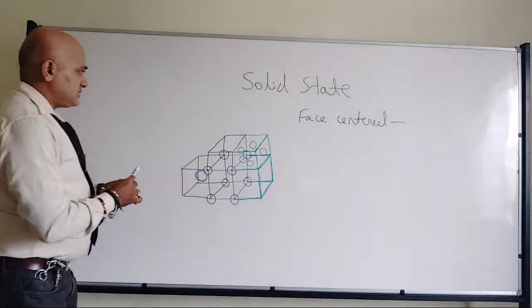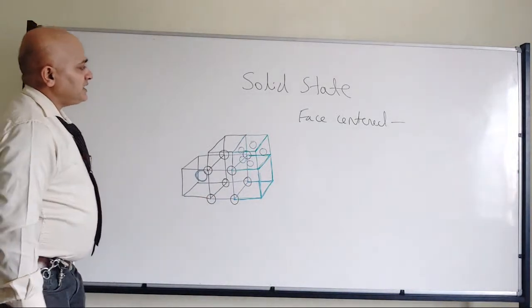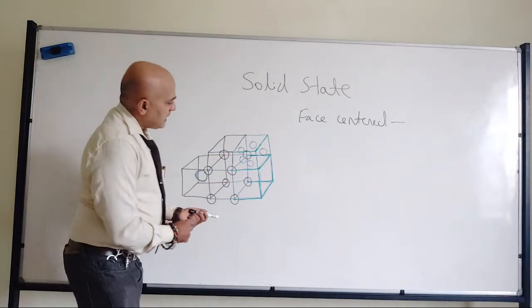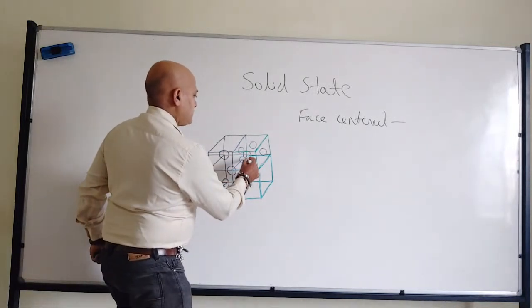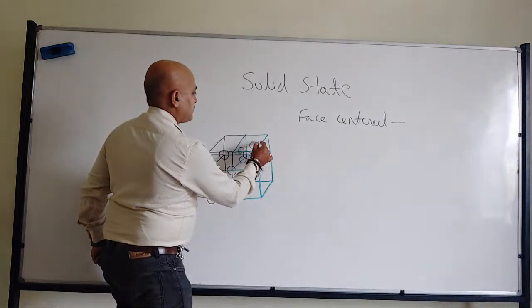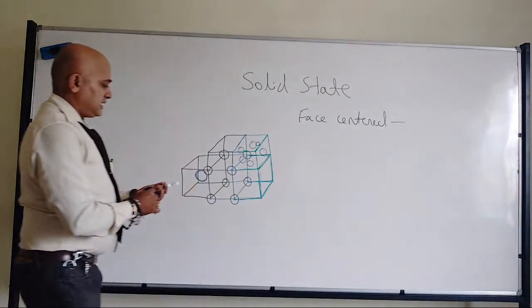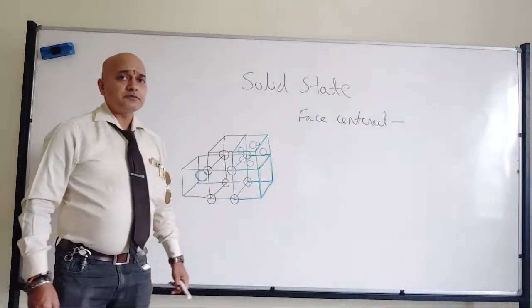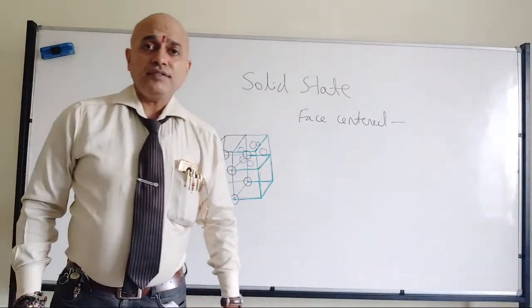So 1, 2, 3, 4, 5, and now, here one should come, 6, that is the back side face. So we have total 6 atoms present, one on each face.